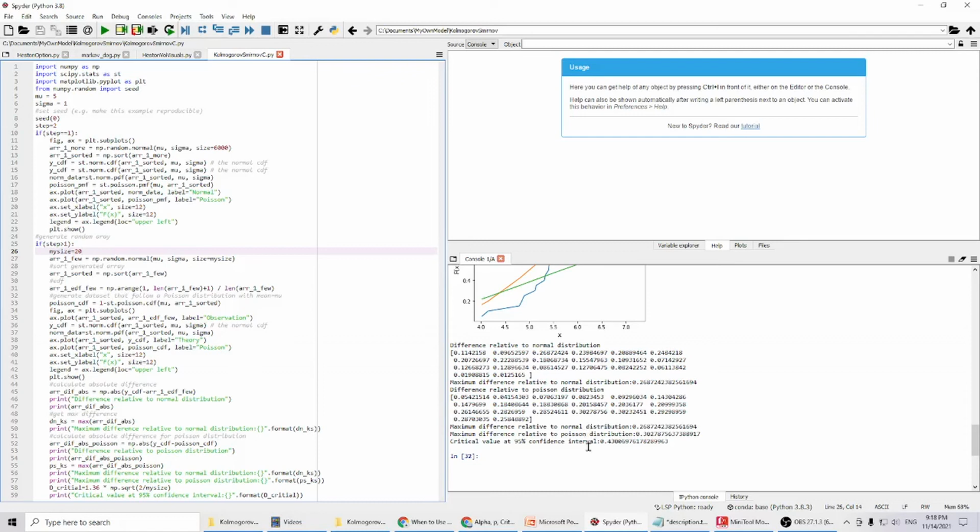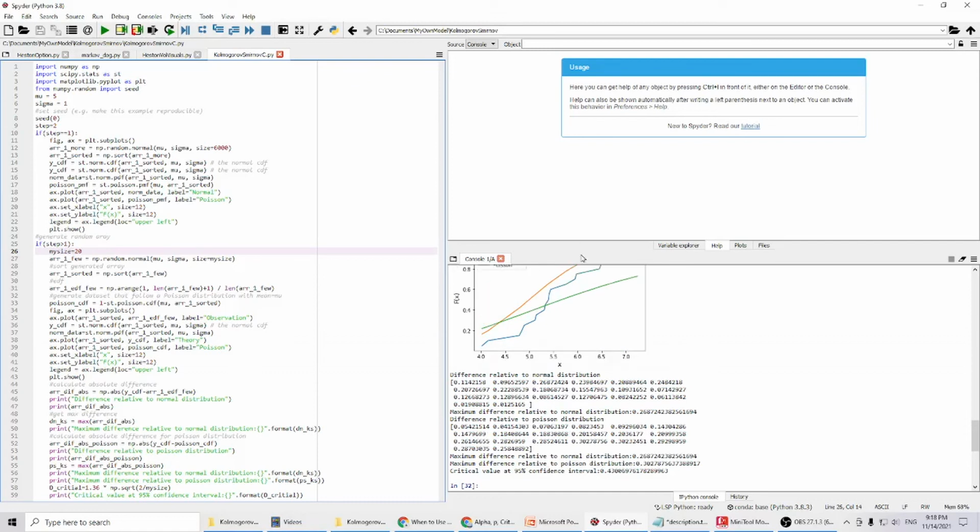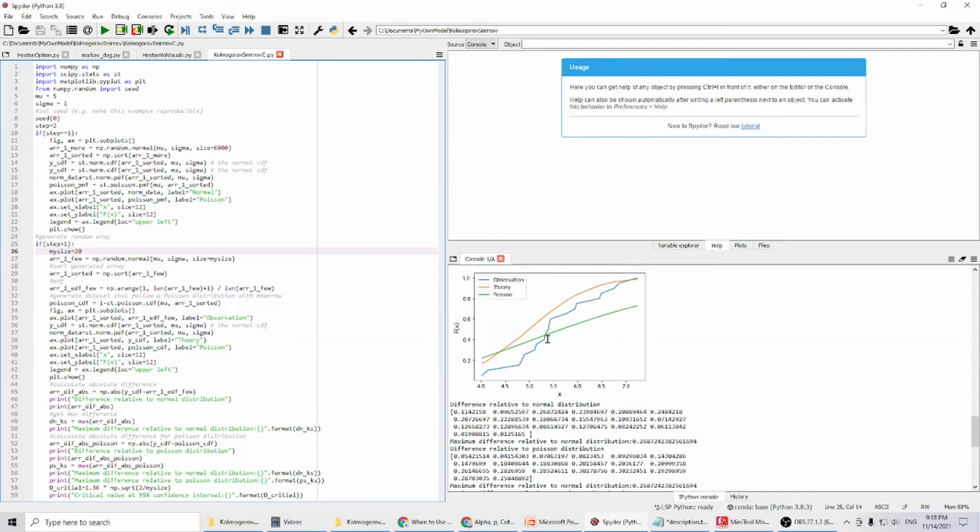So in this test, it's hard to say our sample data is a normal distribution or a Poisson distribution. They are all kind of similar. So that is saying, if we have fewer data points, it might give us difficulty to reach our conclusion.